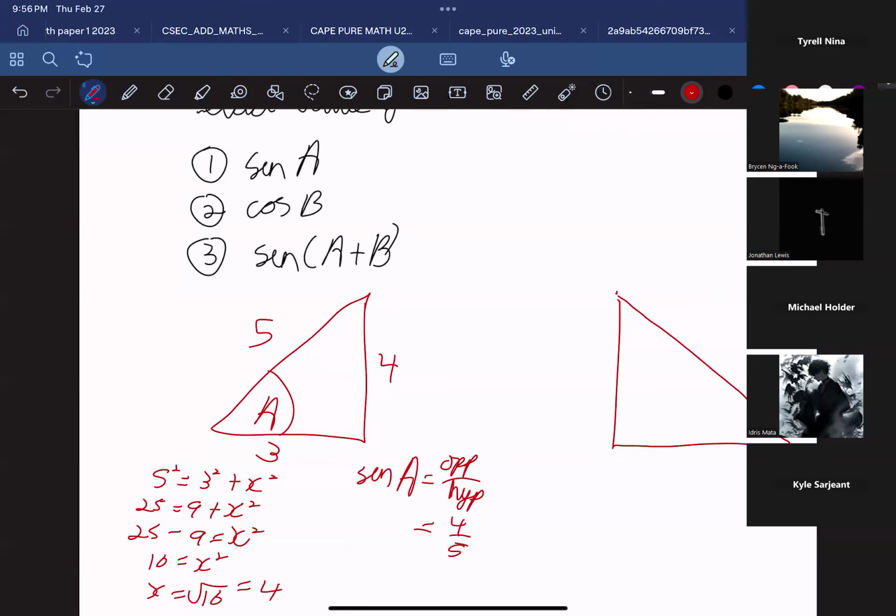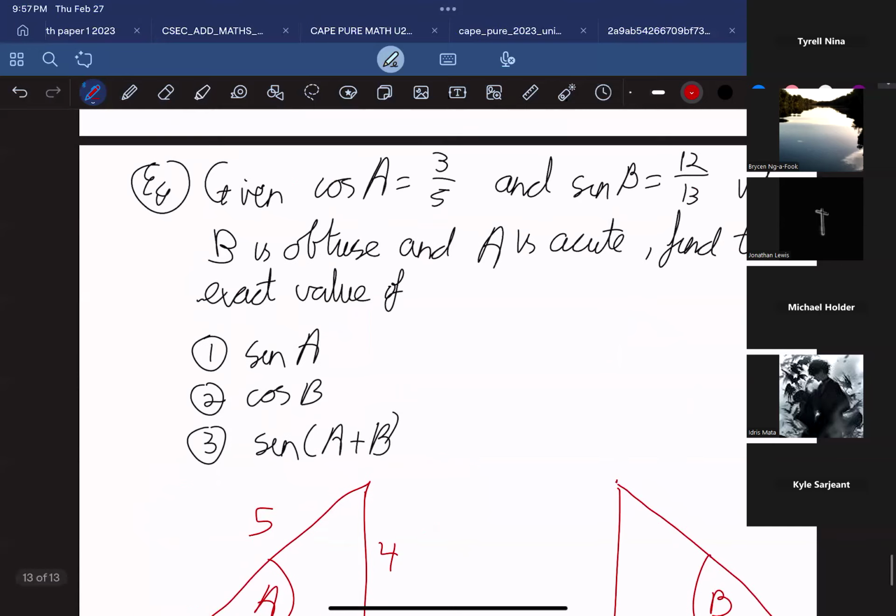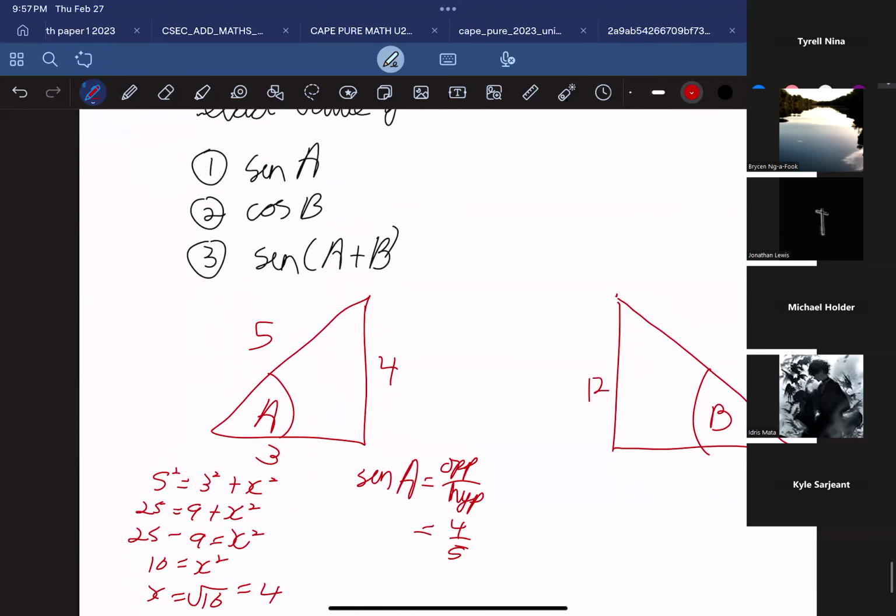Next one. Draw a triangle like that. This is B, and sine B is 12 over 13. So 13 squared is 12 squared plus y squared. 169 is 144 plus y squared.